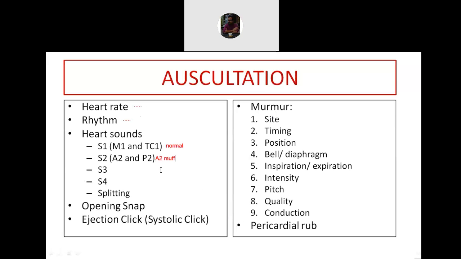And if it takes even longer, it will cross P2 and move to the right side, and then there will be reversal of the split, or paradoxical split. So A2 will be soft, and the split can be anything between narrow, absent or reversed, depending on the severity. Is this clear?